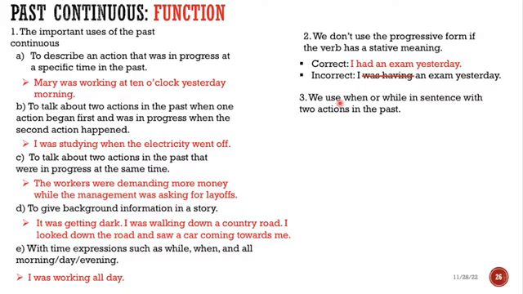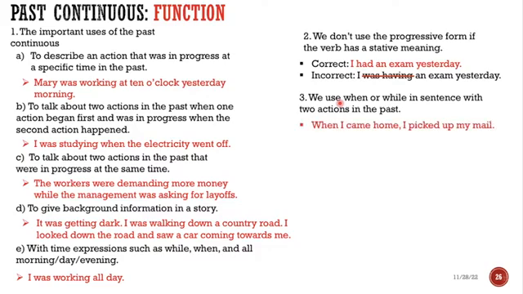This here is related to complex sentences. When and while relate to complex sentences. A complex sentence means we have two clauses: a main clause or independent clause, and a dependent clause or subordinate clause. These are combined, and we call it a complex sentence.